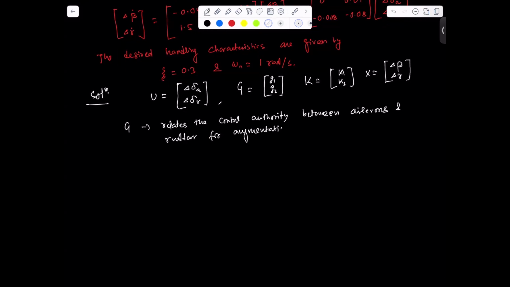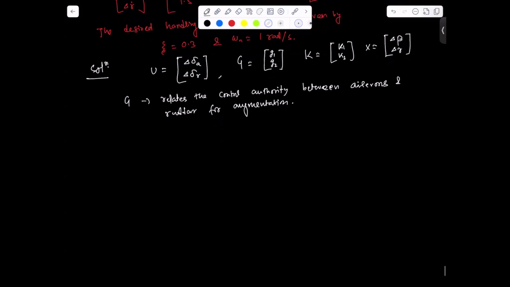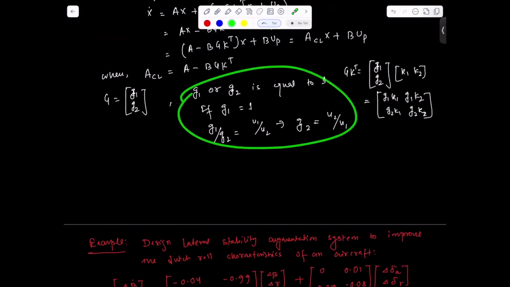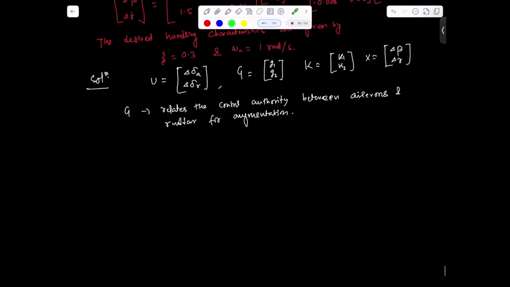So we are assuming, similar to the explanation we had here, G1 equal to 1 and G2 equal to 0.25. Some parameter value we are assuming, relating delta R and delta A. So this is the value we are assuming, and this is our assumption.